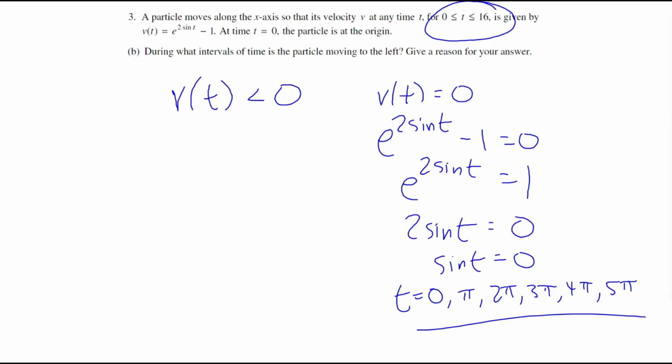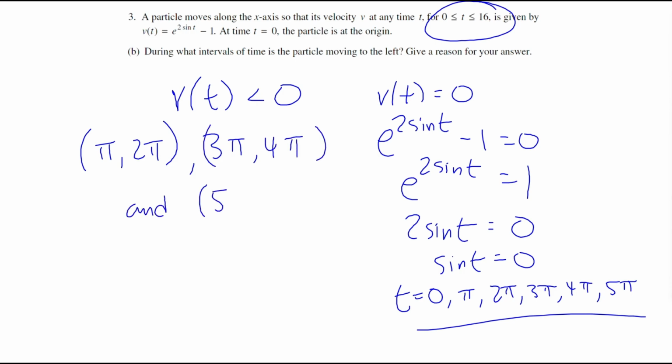So we can just say v of t is less than 0 on pi to 2 pi, 3 pi to 4 pi, and 5 pi to 16. And that's going to be a lot quicker than punching it all in on your calculator this time. And that was worth 3 points: 2 points for just having the intervals, and 1 for the reason that the velocity was negative on those intervals.